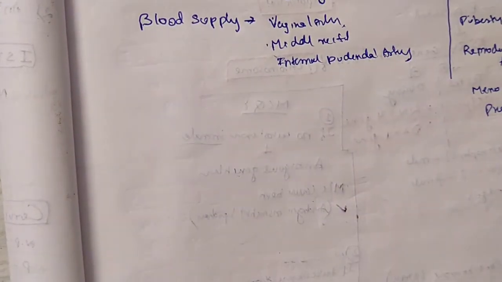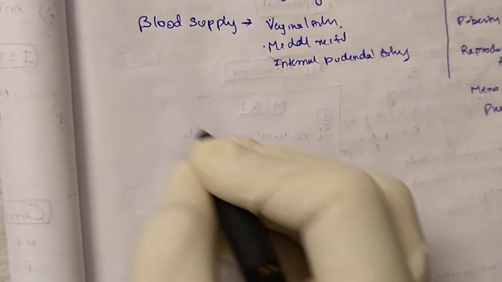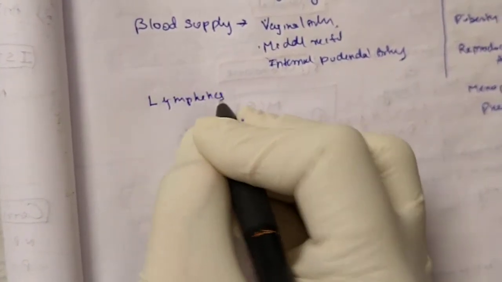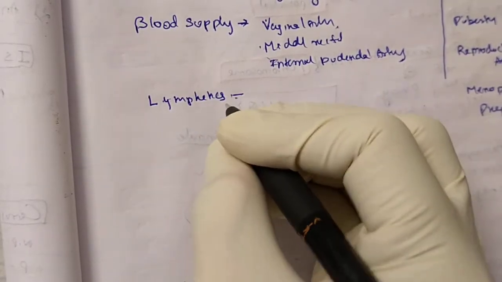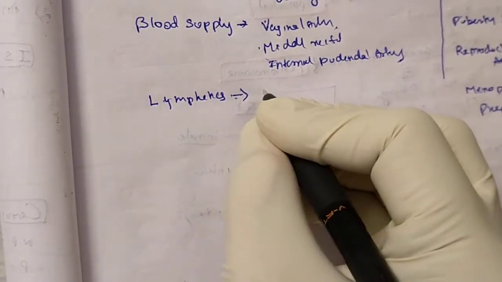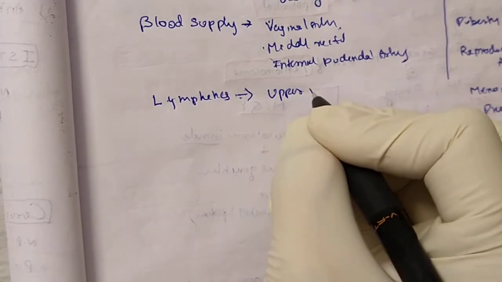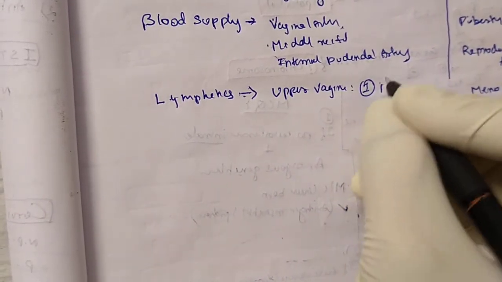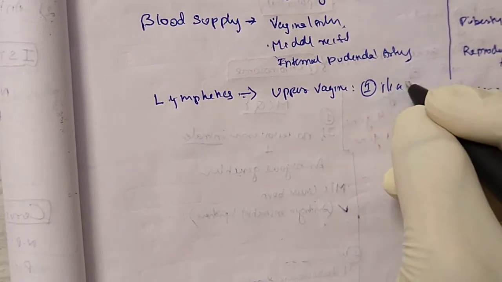And lymphatics: upper vagina, we have iliac lymph nodes.